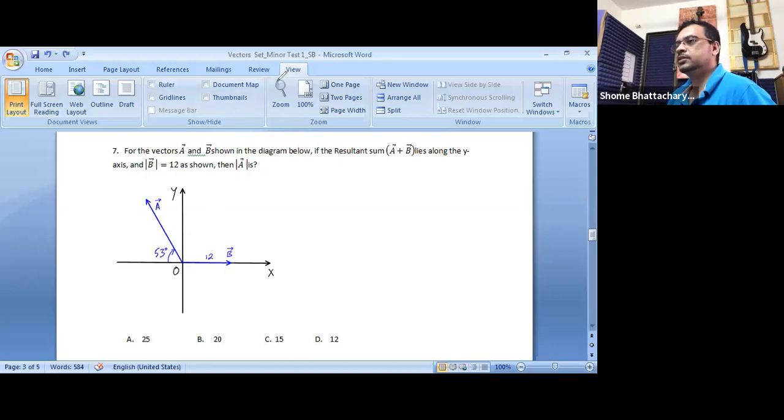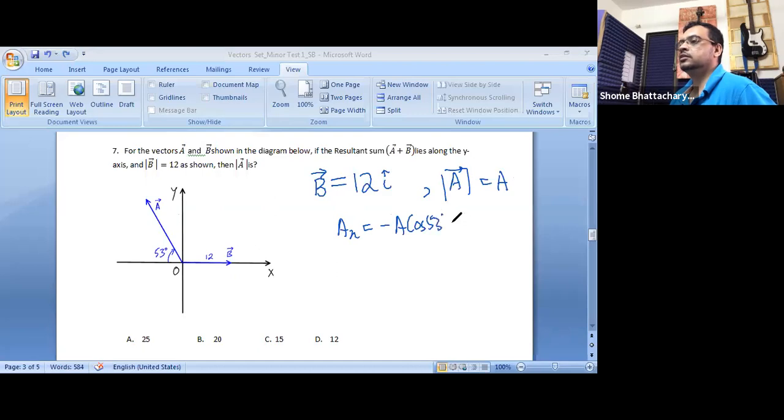So if we go by the component method, here what we can say is that the vector B is very easy. But vector A का magnitude मुझे नहीं पता. Okay, so let me say vector A का magnitude is, suppose, this capital A. So A's x component will become how much? Become minus A cos 53.